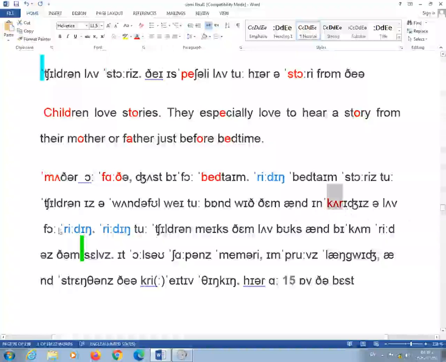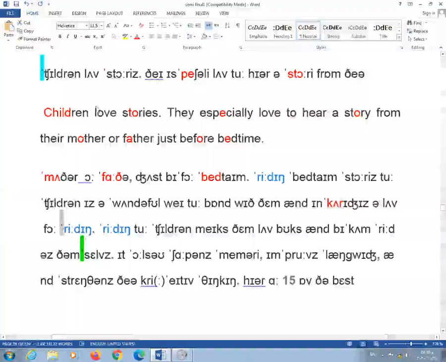Okay, reading. How many syllables? Reading, reading. Two. Which one is strong and stressed? It's read, and the second is ing. Okay, so read takes stress, as you see, marked by a small vertical line high up.